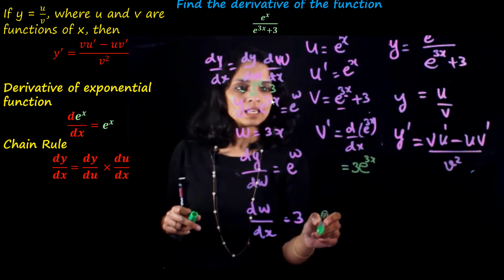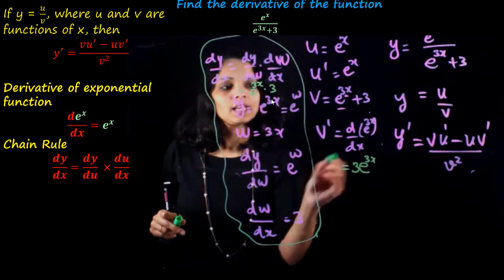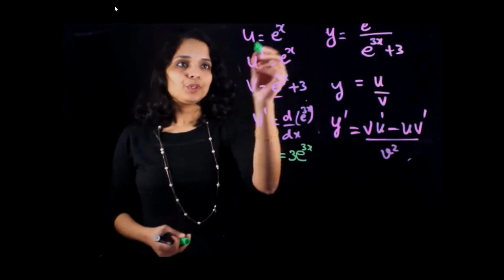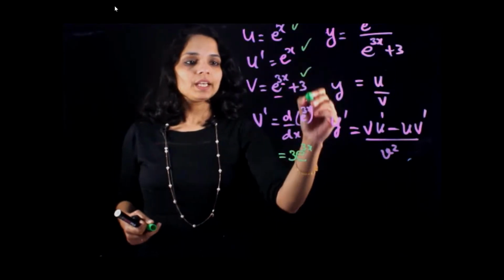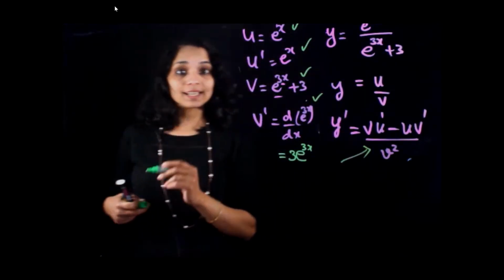So we have to do a little bit of extra work to find the v dash. Okay, so now we have u dash, v dash. It's all about substituting all these things into this equation. Let's do that.